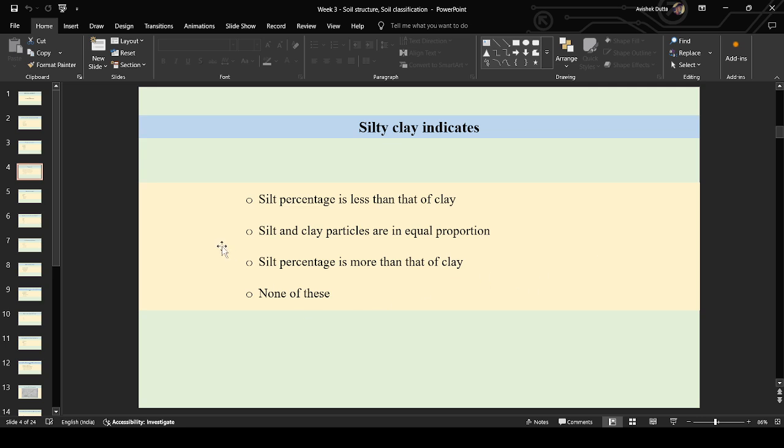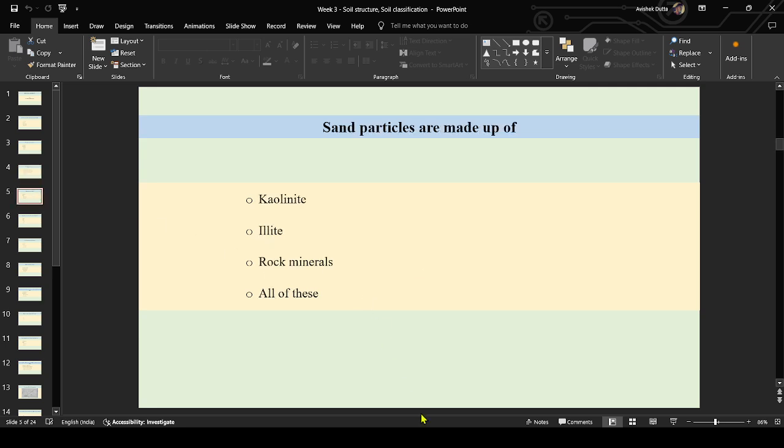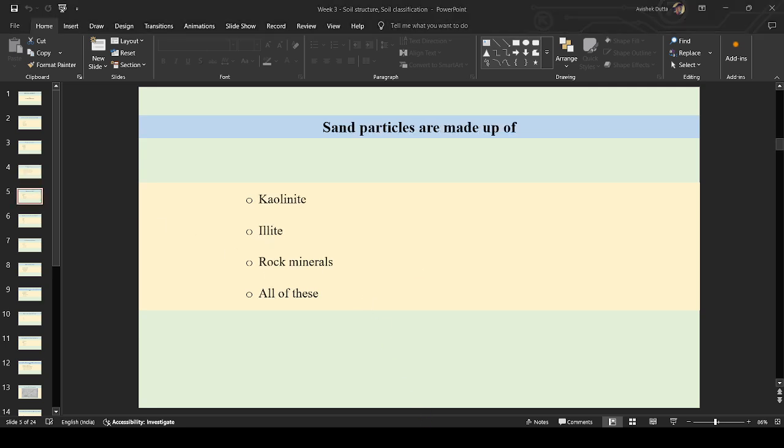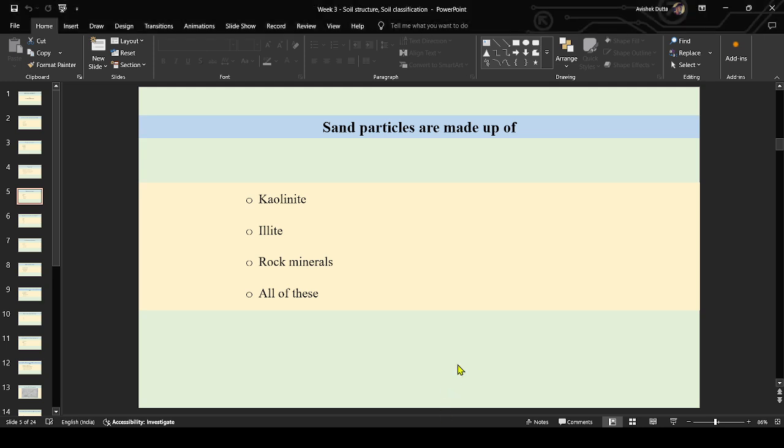Next question. Sand particles are made up of.